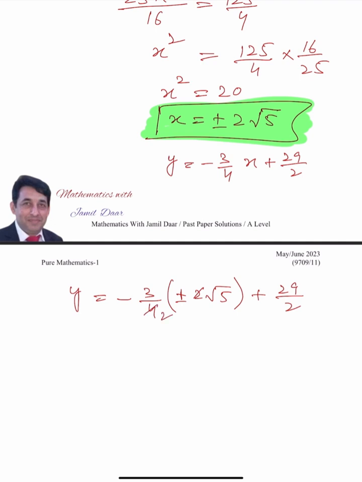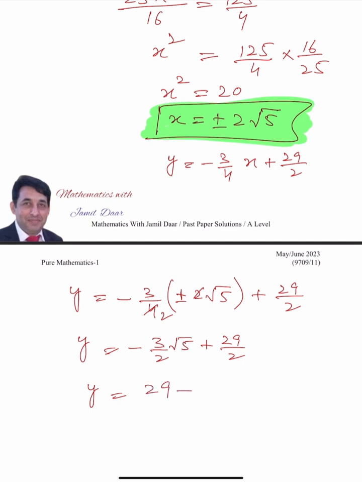So 2 twos are 4. When you multiply the negative sign inside, plus minus will become minus plus, because minus into plus is minus, and minus into minus is plus. So minus 3 over 2 square root of 5 plus 29 over 2.